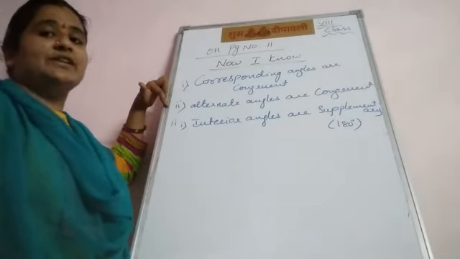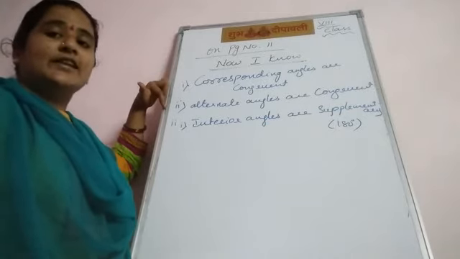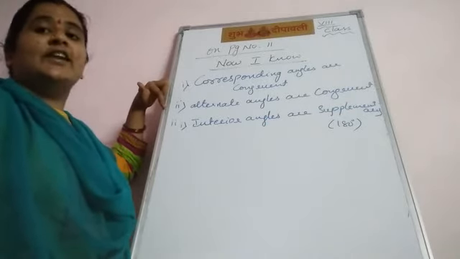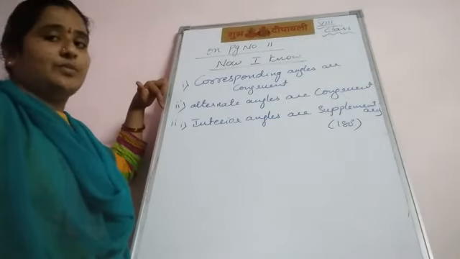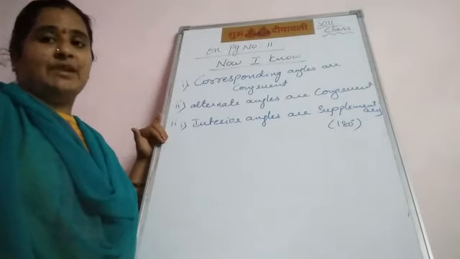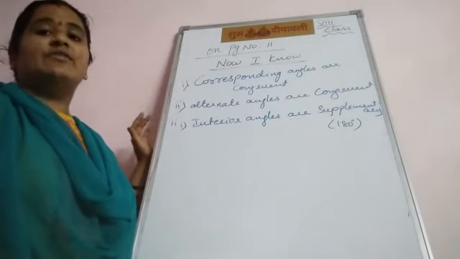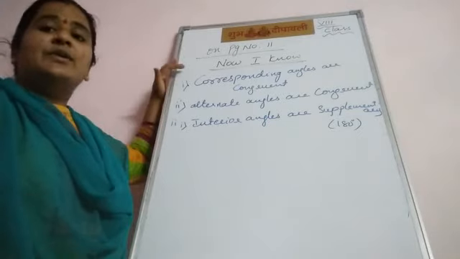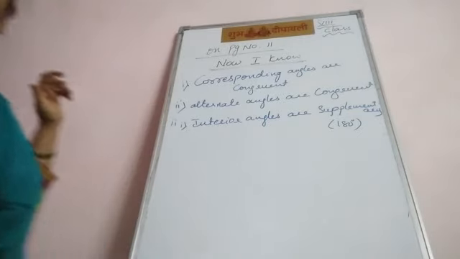You will get the two pairs of alternate interior angles are congruent. And second case, alternate exterior angles are congruent. In exterior angles also you will get the two pairs. And the last one, interior angles are supplementary, 180 degrees. This lies on the same side of the transversal. By using these three properties, we are going to solve the second exercise.